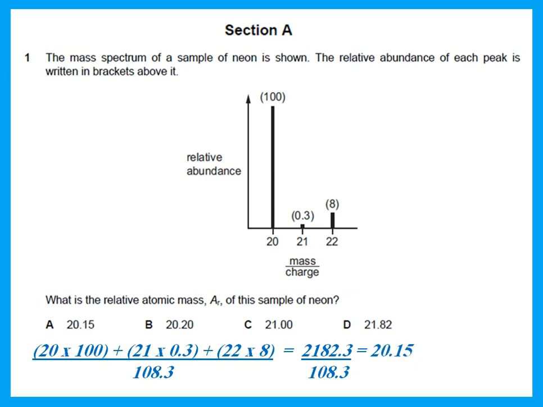Over what? Now, if the total comes up to 100, we say over 100. But here the total does not come up to 100. It is actually 108.3. So that is what I divide with. I divide with the total of all the abundance. So in this case, my answer is A.